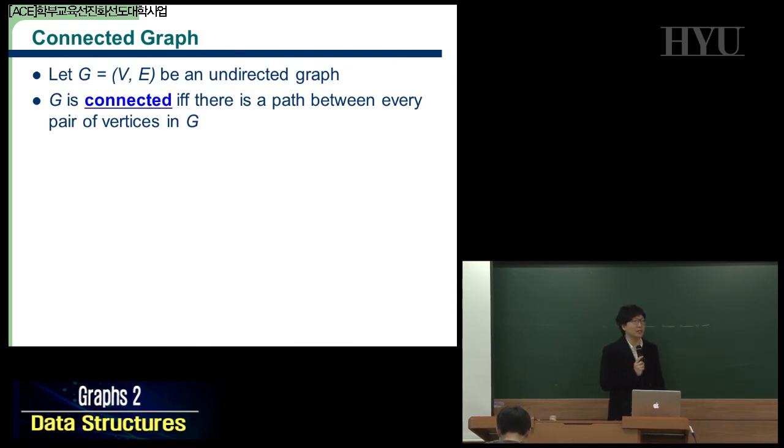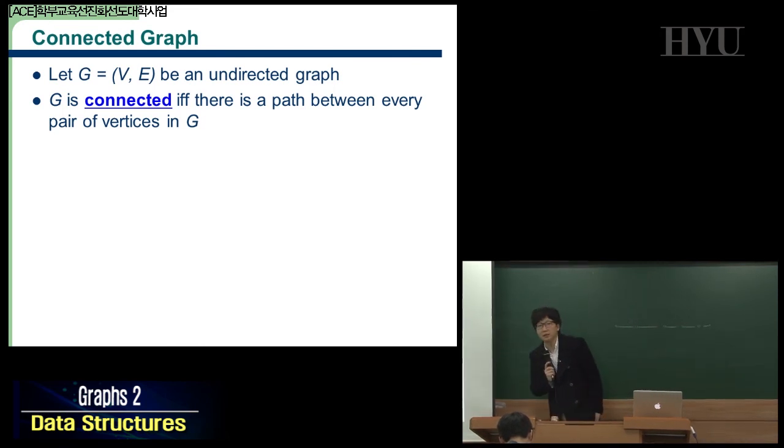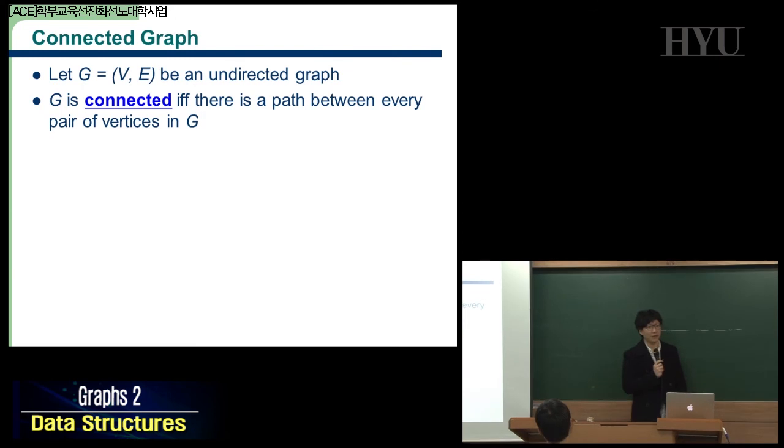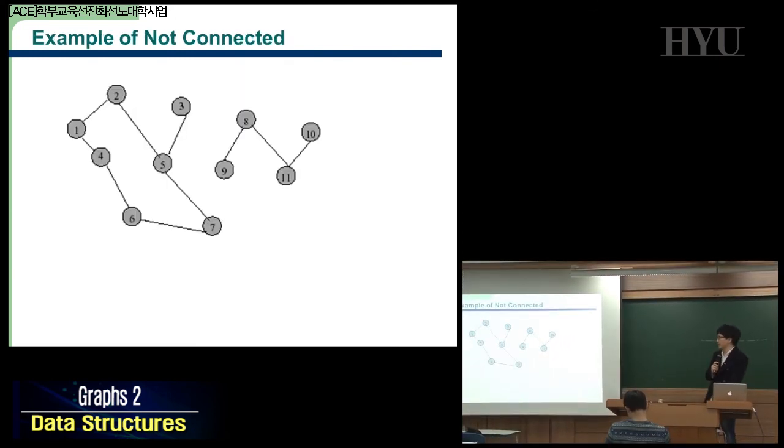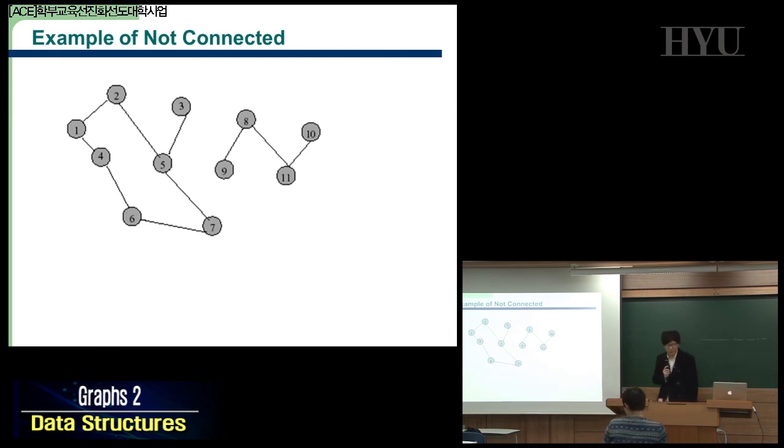If so, that is a connected graph. If not, it's not connected. An obvious example is like this. It's easy to see with your eyes, but if I ask you to write a program on top of this, can you do it easily?